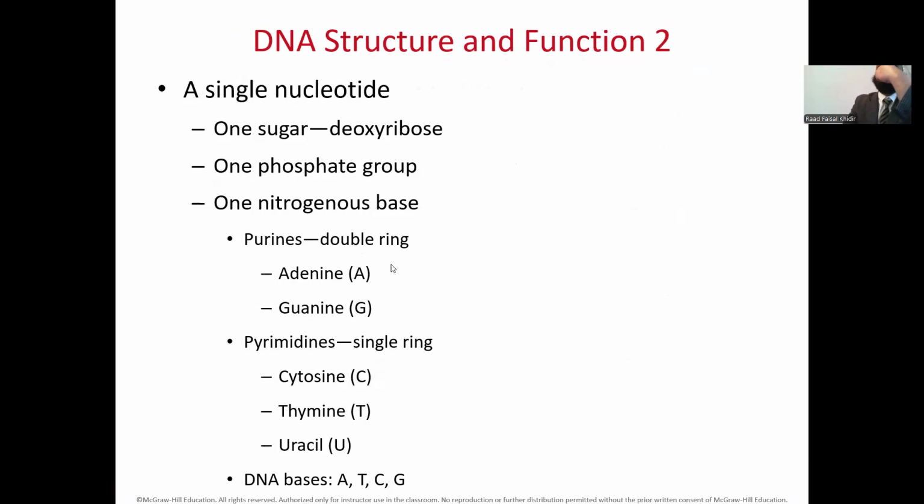So those purines that have a double ring, like adenine and guanine, have double ring each. Pyrimidines have a single ring, like cytosine, thymine, and uracil.